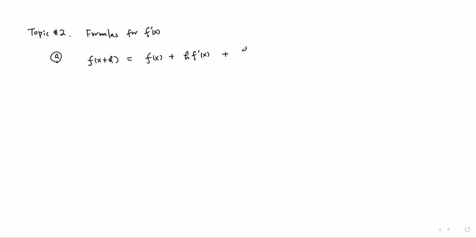The error is h squared over 2 times the second derivative, evaluated at some point psi, where psi is between x and x plus h.